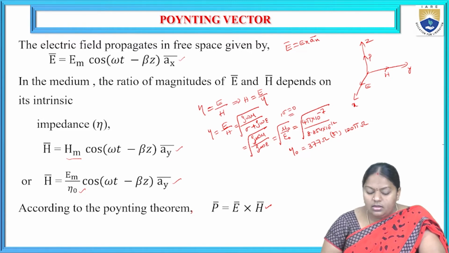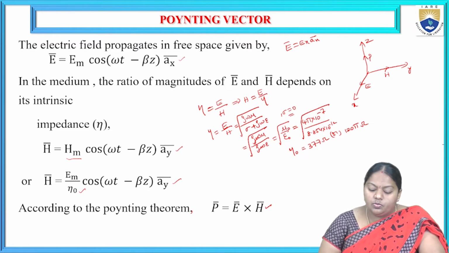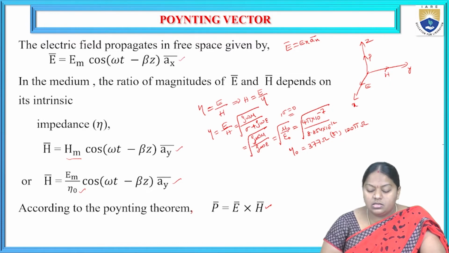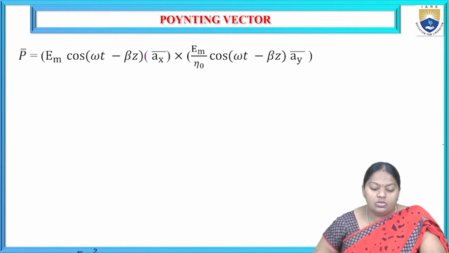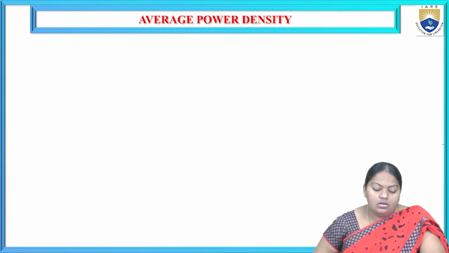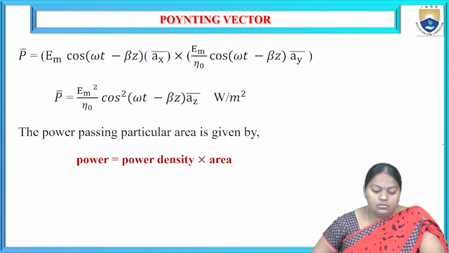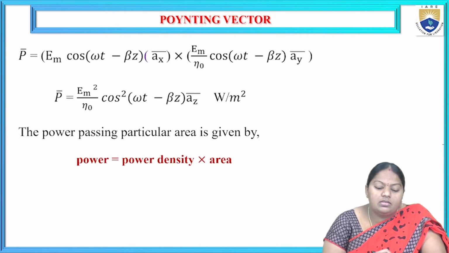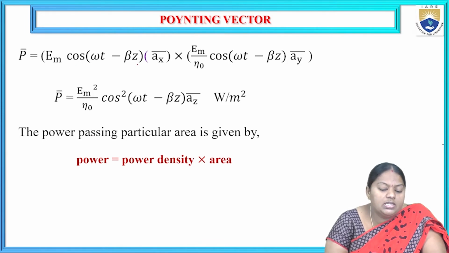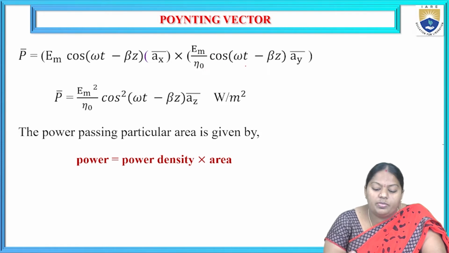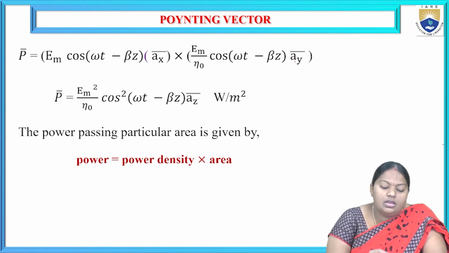Okay. Then according to the Poynting theorem, the Poynting vector is given by P bar equal to E bar into H bar. Now substitute in place of E and H. So P bar is equal to Em cos(omega t minus beta z) Ax into Em by eta naught cos(omega t minus beta z) into Ay.